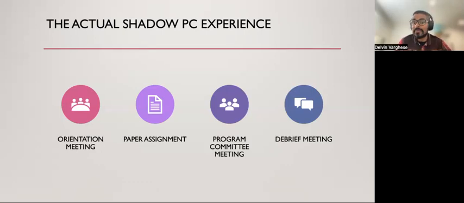Then they had a program committee meeting where, just like typical computer science conferences, the first AC gave a brief presentation on the paper and their meta review, and the second AC could add anything they wanted to add. Then there was a voting system, and at the end of the meeting, all the papers had an accept or reject decision attached to them.